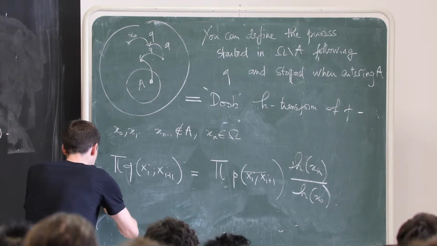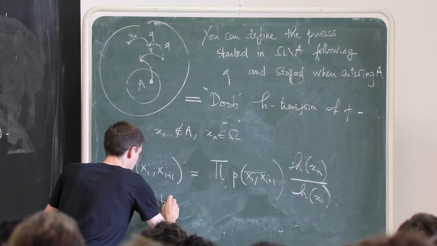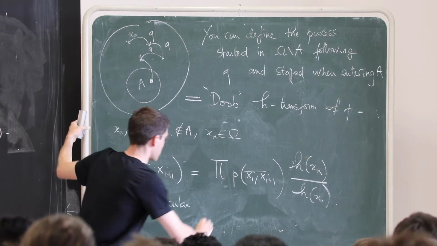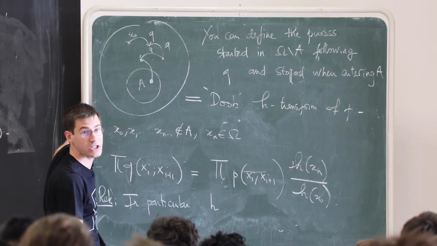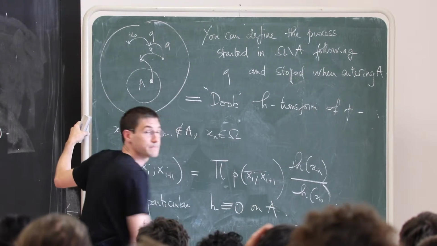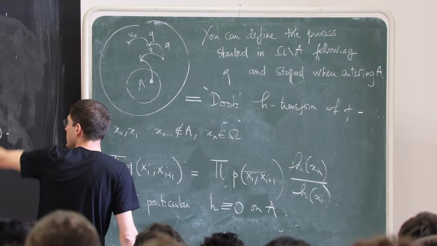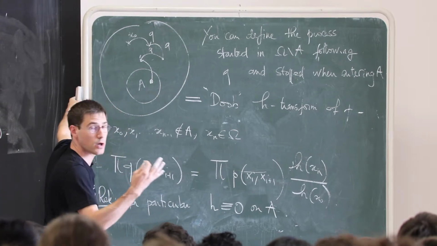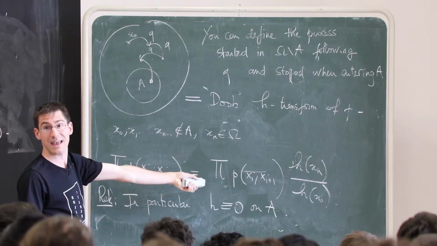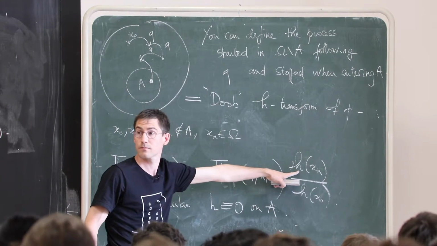And so remark, in particular, if your harmonic function h is equal to 0 on A, what can you tell? That might be the case. It's not mandatory, but that can be the case that your harmonic function is actually null, 0 on A. You will never enter A, because if xn is in A, this is equal to 0.